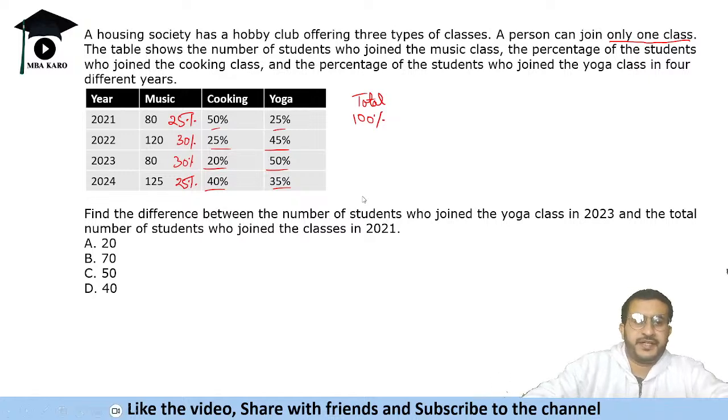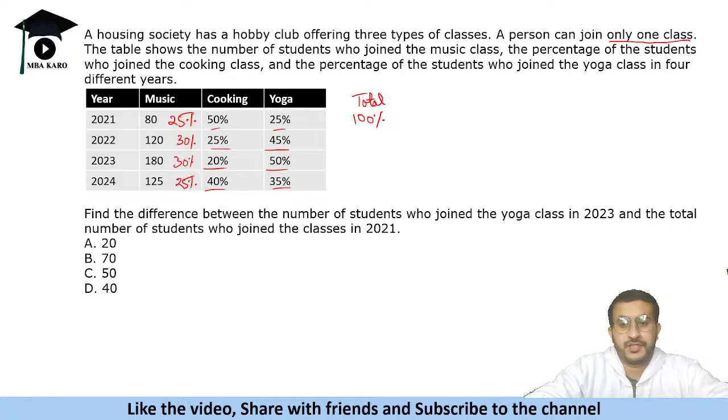Okay, sorry, this is 180. Okay, take this number as 180 and then do the calculations. Rest of the numbers are correct. So take this number 180 and do the calculations.